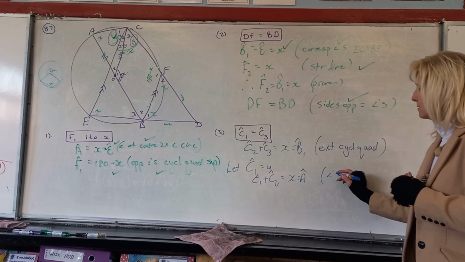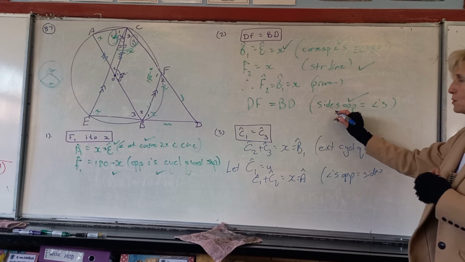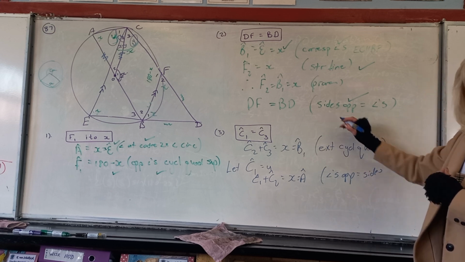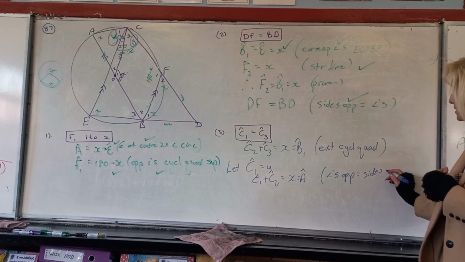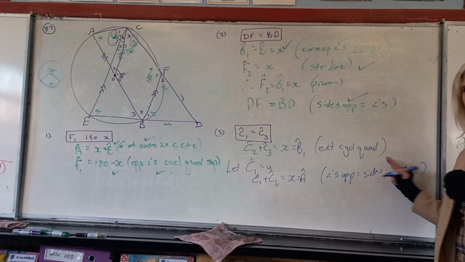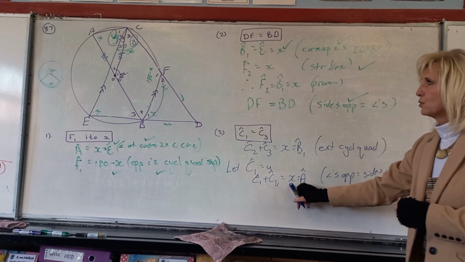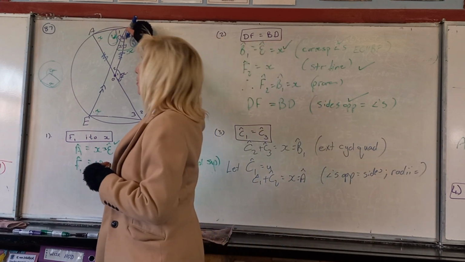You've got to say angles opposite equal sides, different from this one, right? Because now you have the sides are equal, and the sides are equal because radii are equal. Whether you switch this around doesn't matter, but both of them brought you to that connection, that should be equal to x, the whole thing.